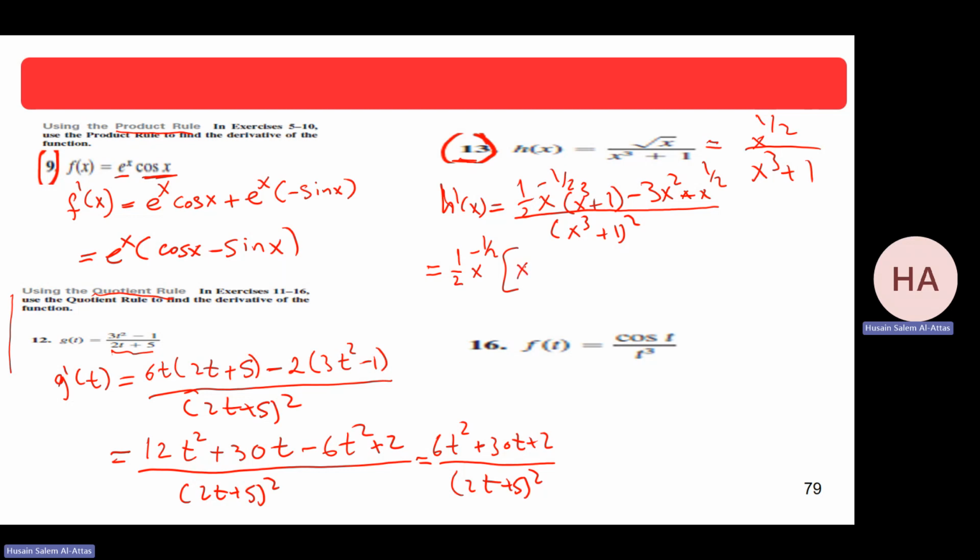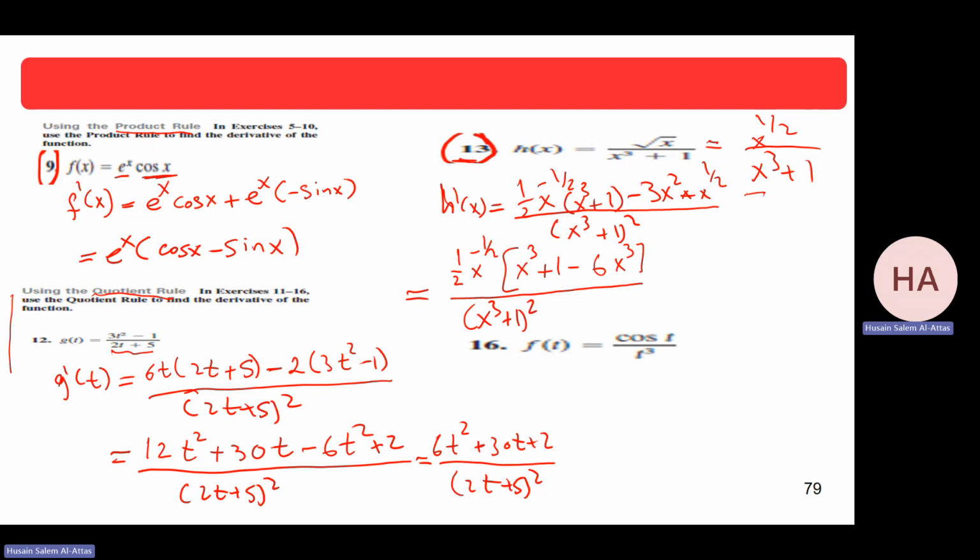So the remaining is x cubed plus 1 minus, this is 3, so we make it minus 6, because 6 times half will be 3. This is x squared times x to the power half, which is x to the power 5 over 2, so we make this x cubed. Over the denominator, which is x cubed plus 1 squared. You need to simplify this one.